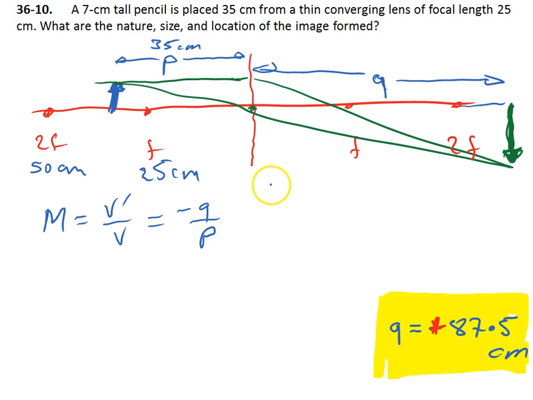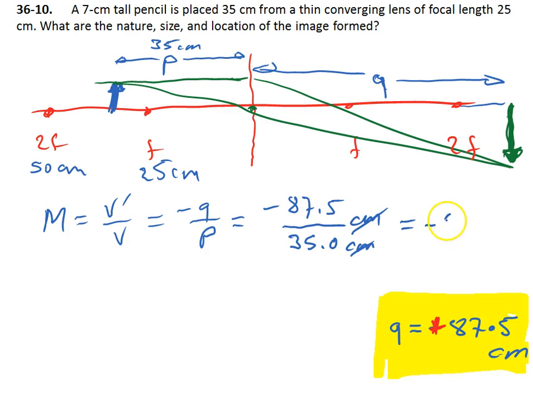So the magnification is minus 87.5 divided by p, which is 35 centimeters. And I've been naughty, but the units will cancel. So the magnification is given by minus 2.5.